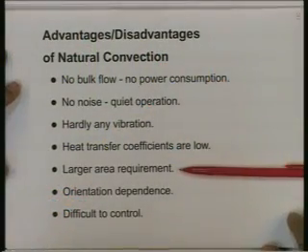With water, forced convection would easily provide heat transfer coefficients of the order of 1000 watt per meter squared Kelvin or even higher. Water during the process of natural convection will lead to heat transfer coefficients of the order of a few tens of watts per meter squared Kelvin, maybe 20, 30, 40 of that order, perhaps 100, 150, that's about it. Because the heat transfer coefficients are low, the area required for a given amount of transfer of heat is large.